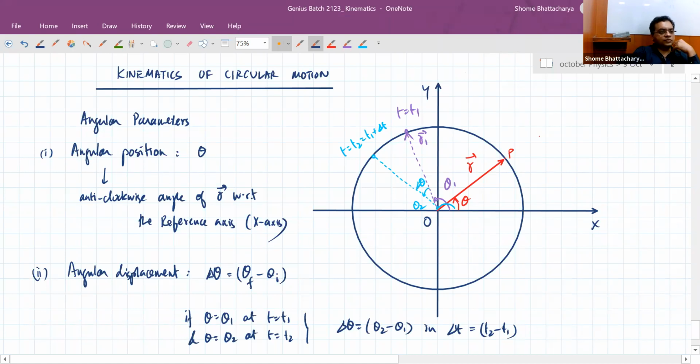Simple things like this one. So for example, if you're looking at the seconds hand of a watch, its angular displacement is minus 90 degrees or minus pi by 2 in 15 seconds. Or it is minus 180 degrees or minus pi in 30 seconds, like that.